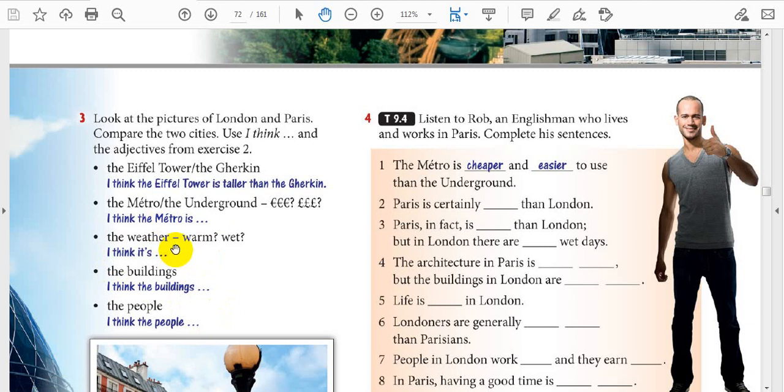But I think the people in London are more polite than Paris. And London is cleaner than Paris.